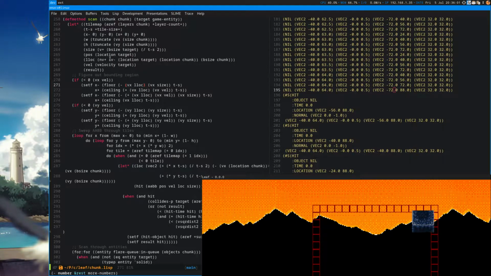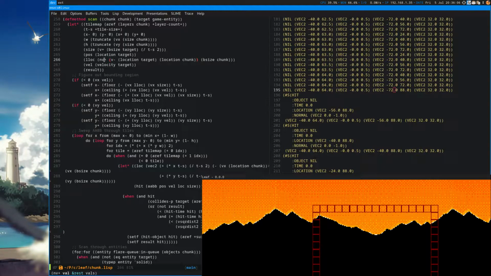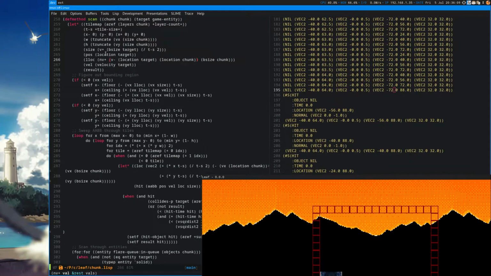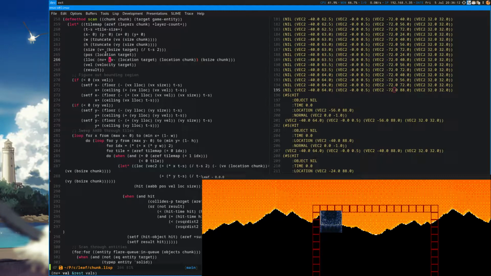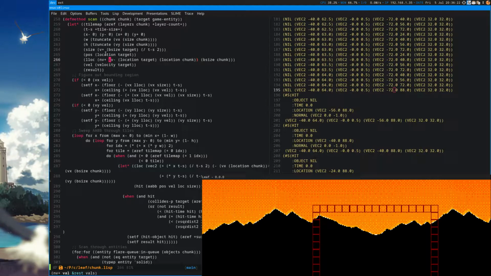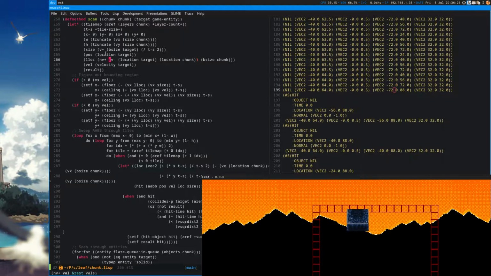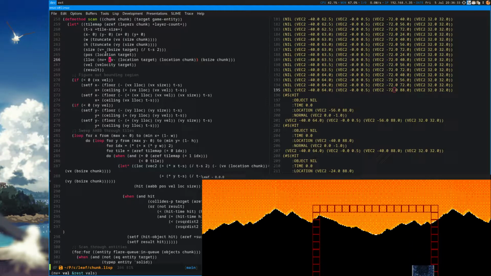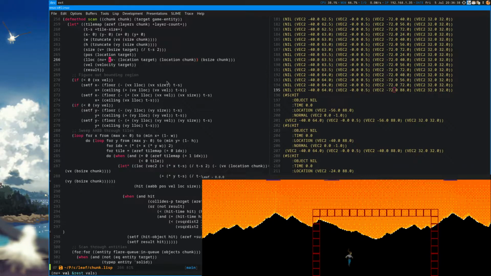The unlock. Unlock is the local location of the target. Bottom left oriented, I guess. Oh, I see.